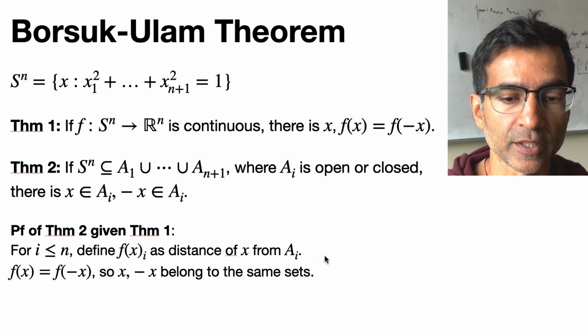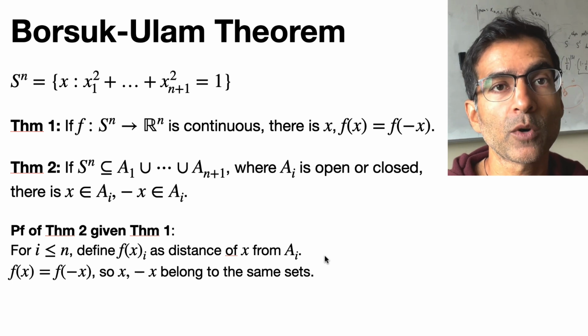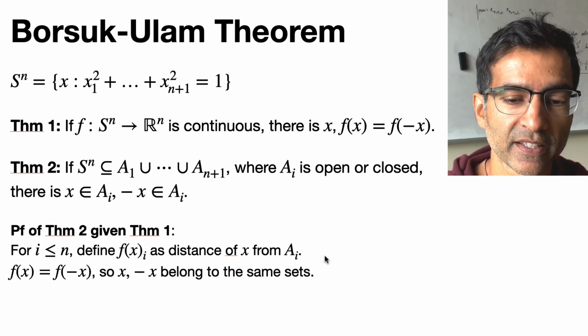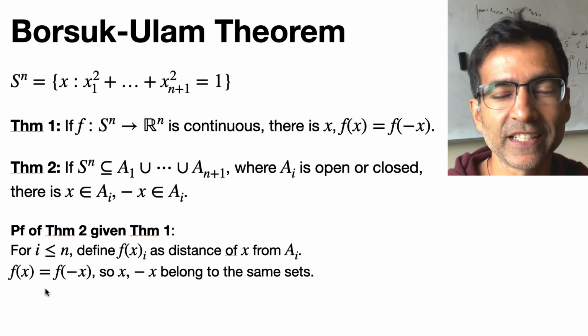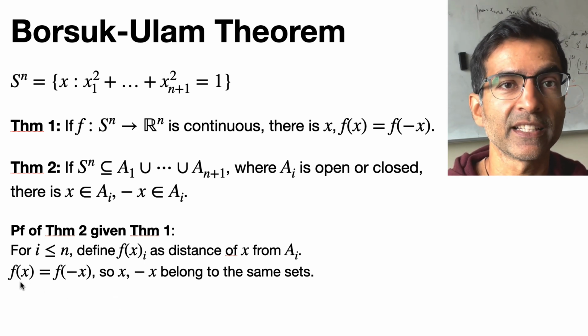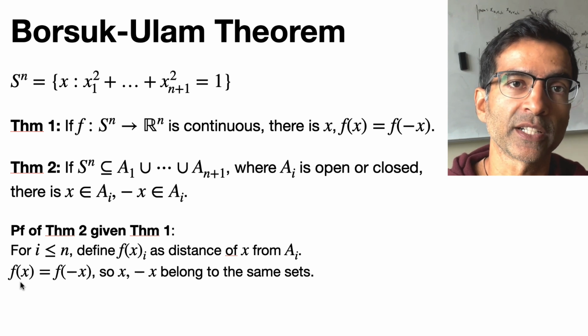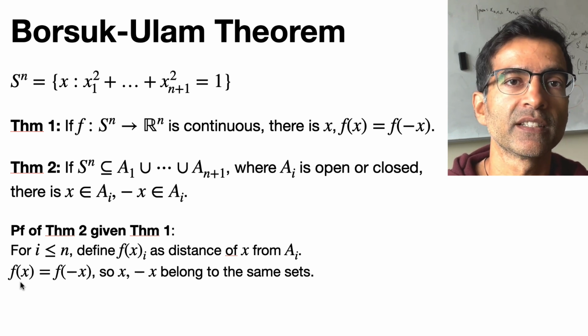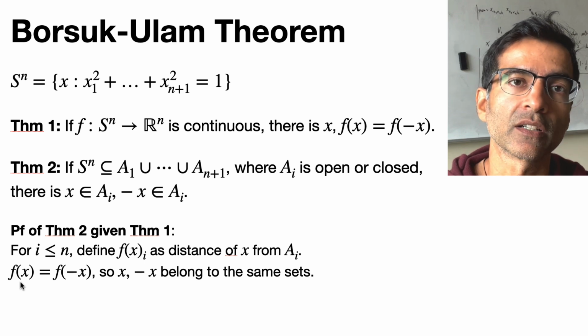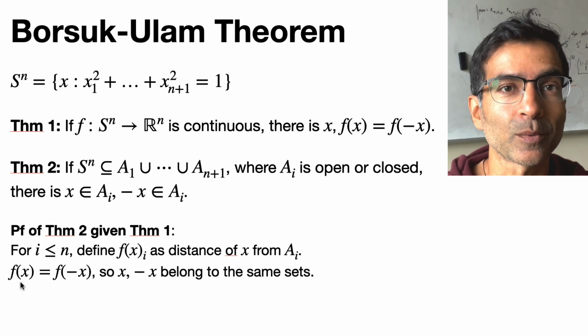Okay, so this is a continuous map. And by theorem 1, there must be 2 antipodal points that get the same value under f. And intuitively, if the value here has a 0 in it, then x must belong to the corresponding set. And if f of x has no 0 coordinate, then x must belong to an+1.